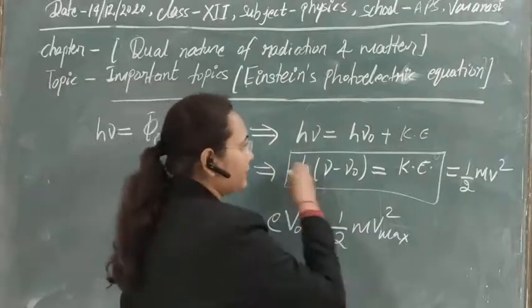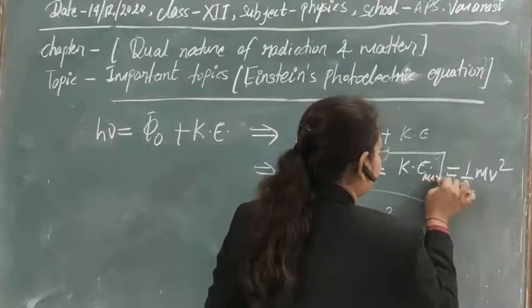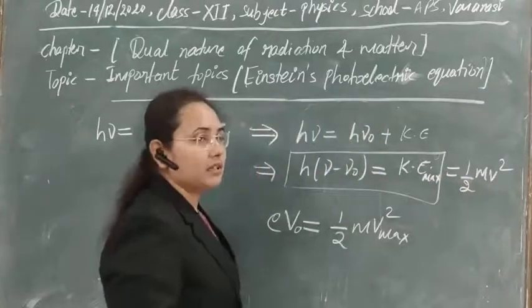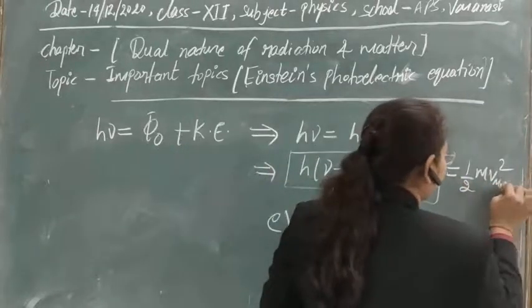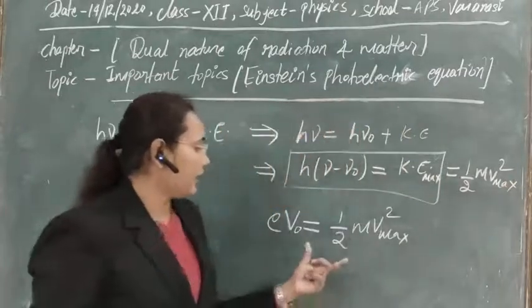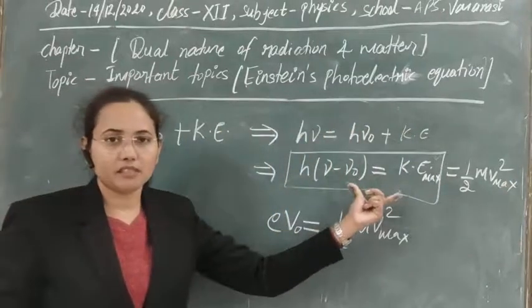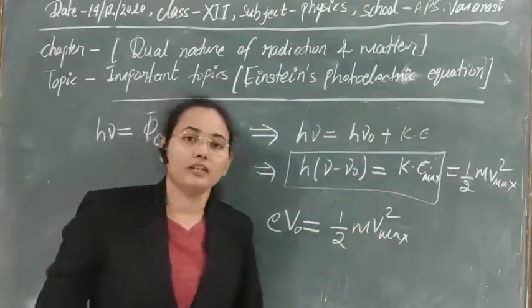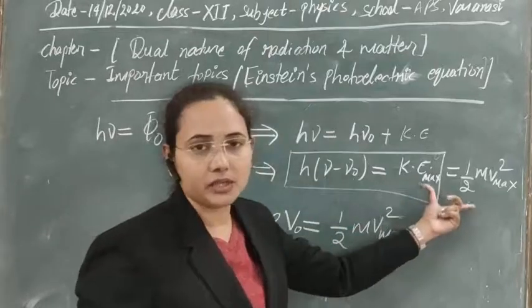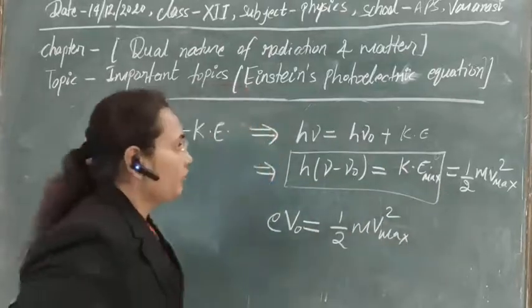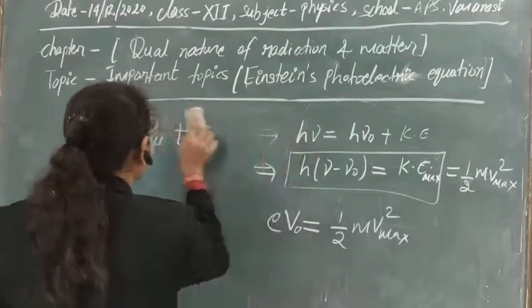So in place of it you can write the maximum kinetic energy, or V maximum, and we can use this expression to calculate the stopping potential. So finally, let's write it in a summarized way.